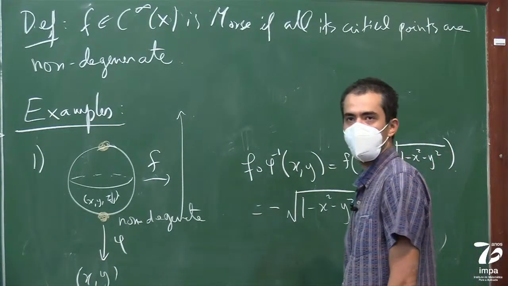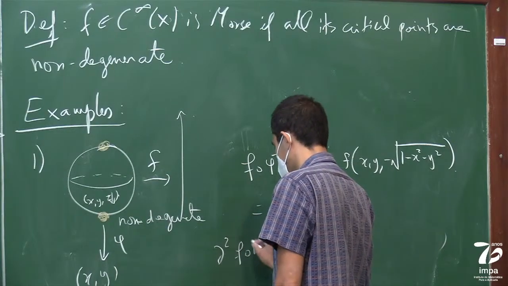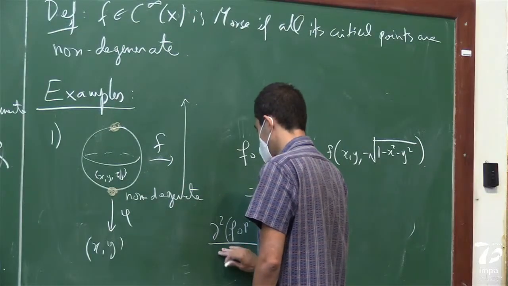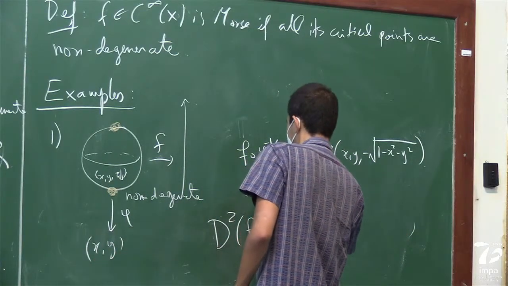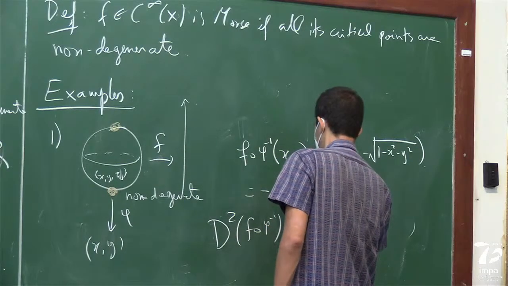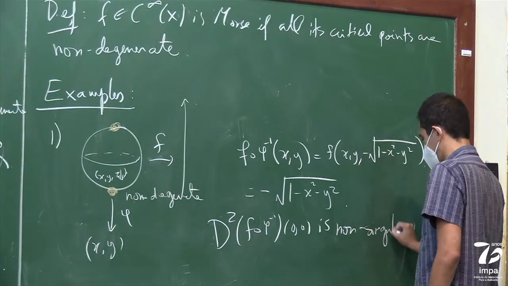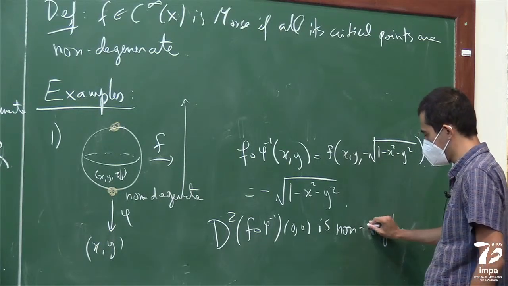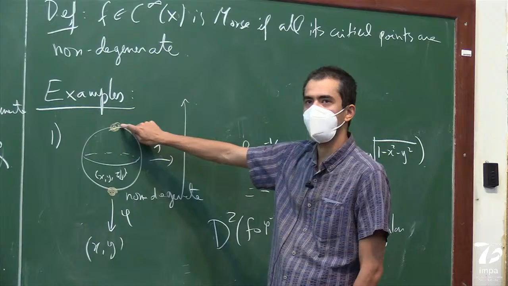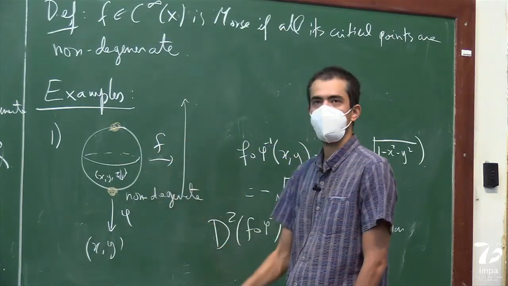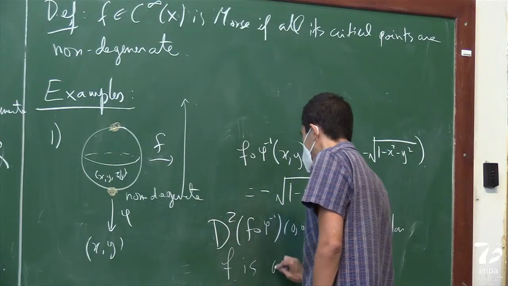I'm not going to do the calculus problem, but this D2 matrix at 0, 0 is non-singular. So that means this point is non-degenerate, and by the same argument, the other one is non-degenerate, so f is a Morse function.